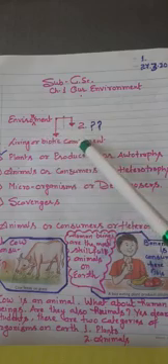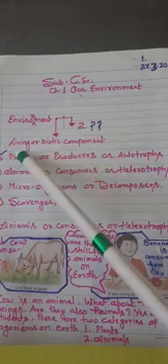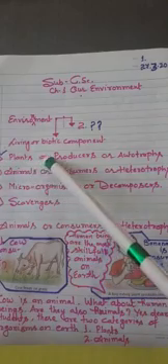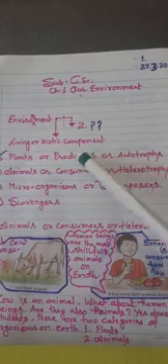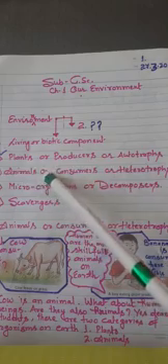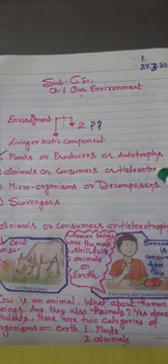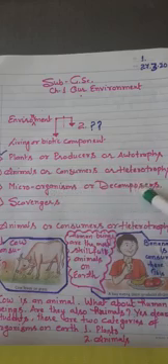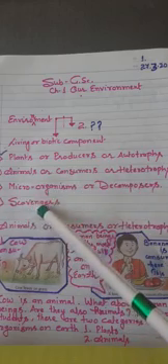Now come here again. Living or biotic component is further divided into four parts. First one, plants or producers or autotrophs. Second, animals or consumers or heterotrophs. Third, microorganisms or decomposers. Fourth, scavengers.